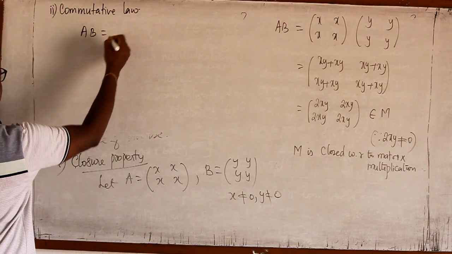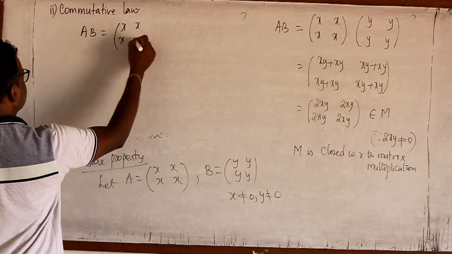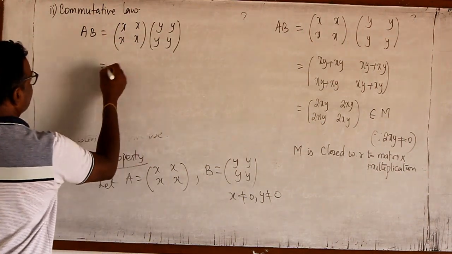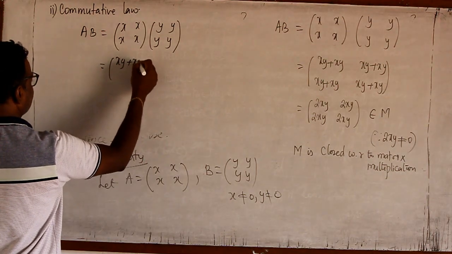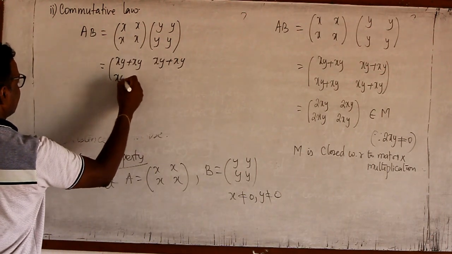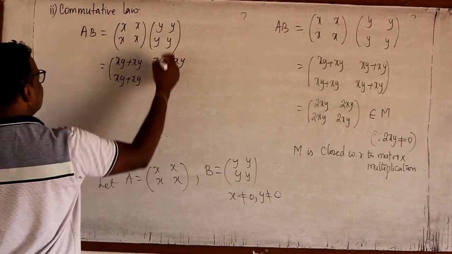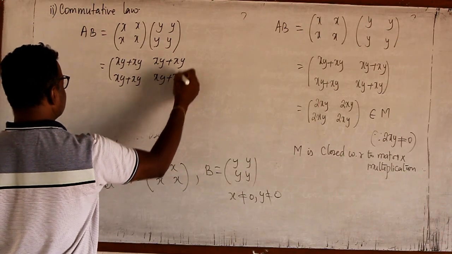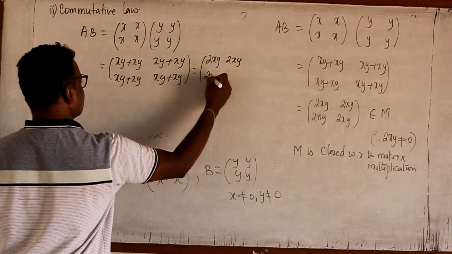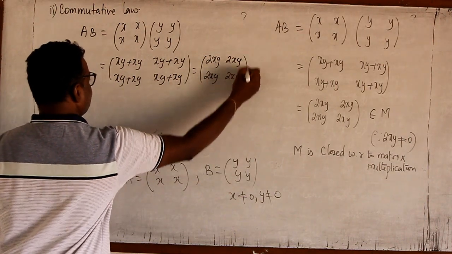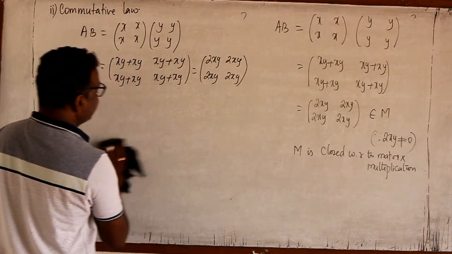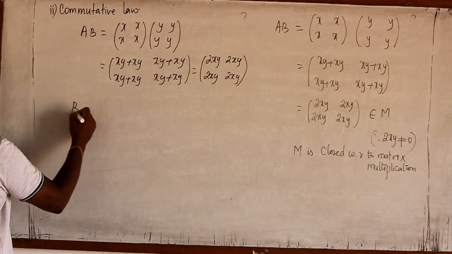When I take A and B, [x x; x x] and [y y; y y], it is xy plus xy, row into column multiplication. So the answer is 2xy, 2xy, 2xy, 2xy.